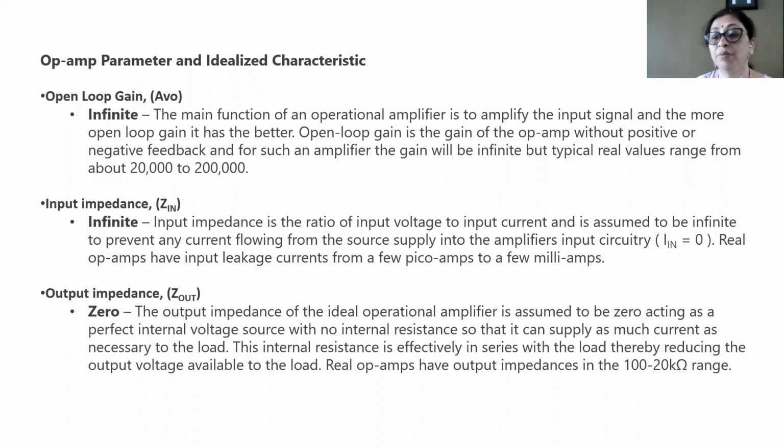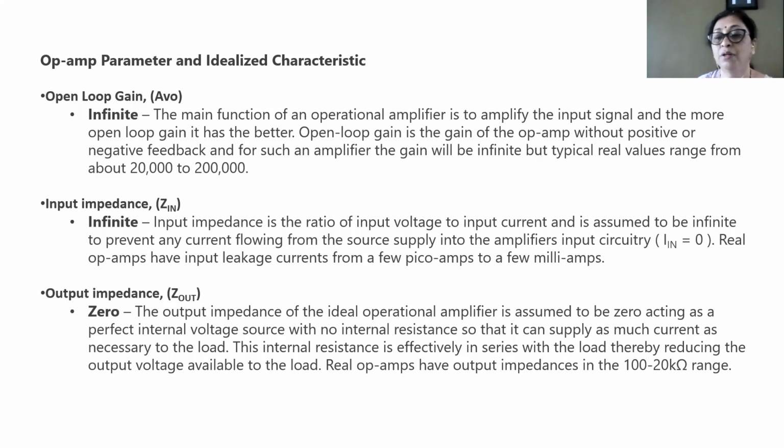Gain is nothing but the ratio of output voltage to input voltage. So it is called voltage gain. Okay, so open loop voltage gain is the ratio of output voltage to input voltage in the open loop configuration of the operational amplifier, and its ideal value is equal to infinity.